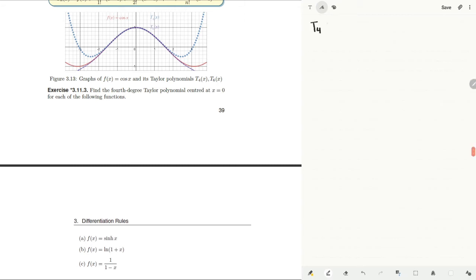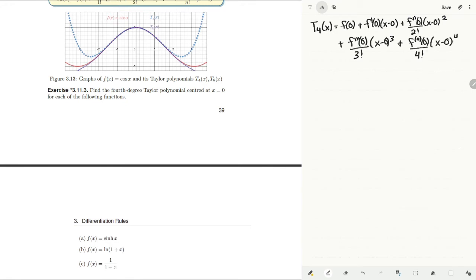So the 4th degree Taylor polynomial centered at 0 is given by f of 0 plus f prime of 0 times x minus 0 plus f double prime of 0 over 2 factorial times x minus 0 squared plus f triple prime of 0 over 3 factorial times x minus 0 cubed plus the 4th derivative of 0 over 4 factorial times x minus 0 to the power of 4.